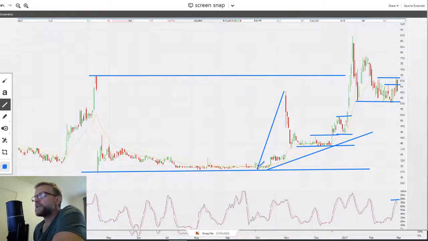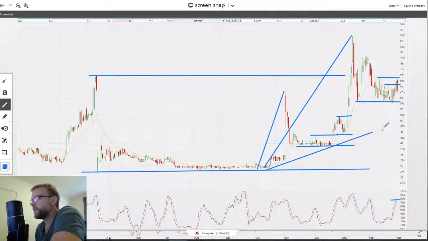The only thing about this one: if you take this as the low and that's the high, and I'm just trying to work it out, then we want to see a lot more price action in here before we potentially take this as the base, 57.5, and project that leg out, which is going to take us up quite a bit, say from 30 to 60 cents, say 55 cents.